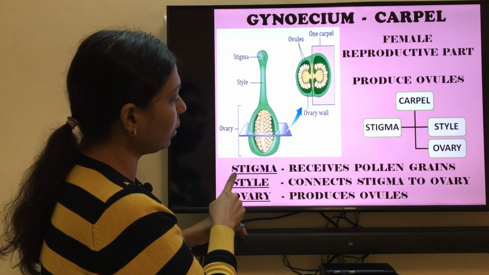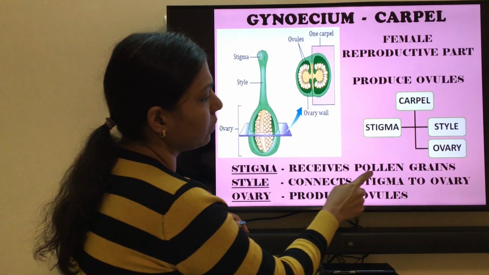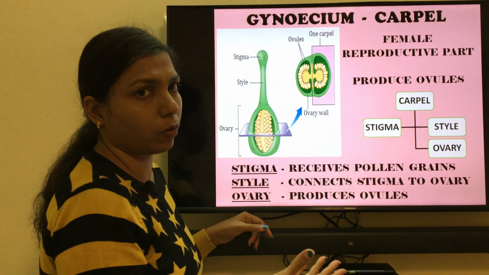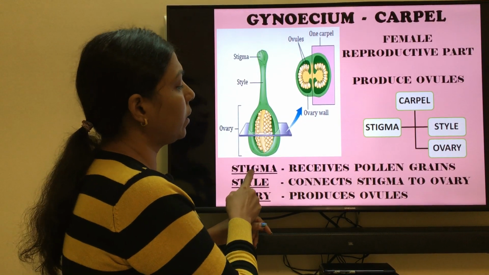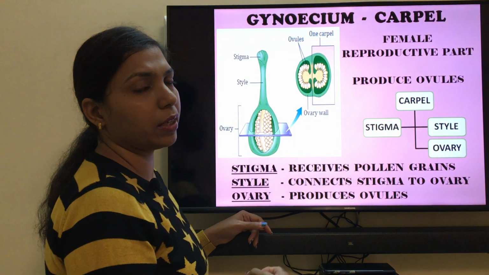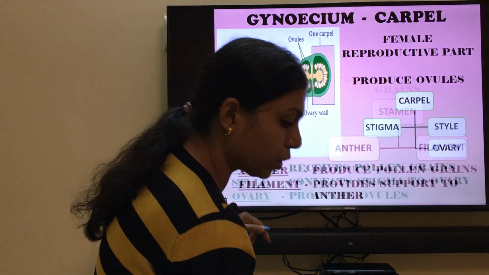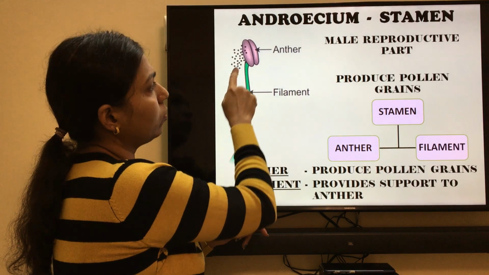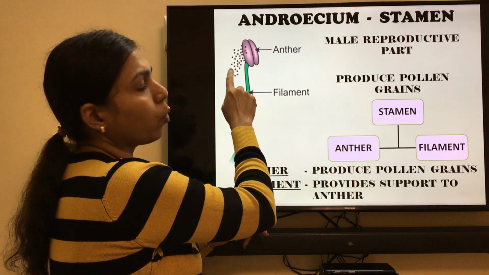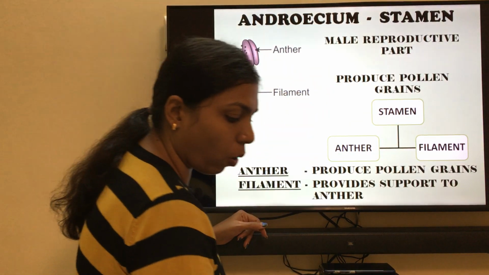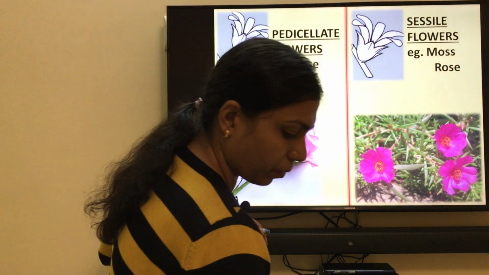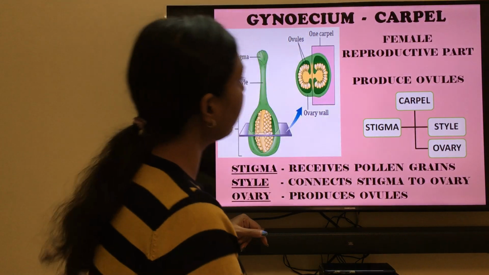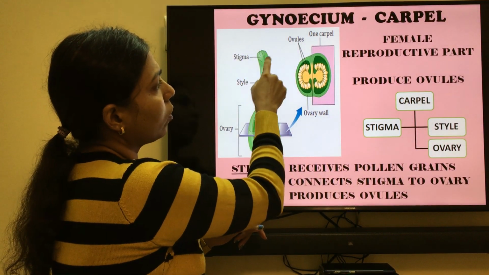Just look at it. Your stigma receives the pollen grains during the process of pollination, which I'll explain further. The stigma does the work of receiving pollen grains. In the previous picture, I had told you that these are pollen grains. These pollen grains fall on the stigma.